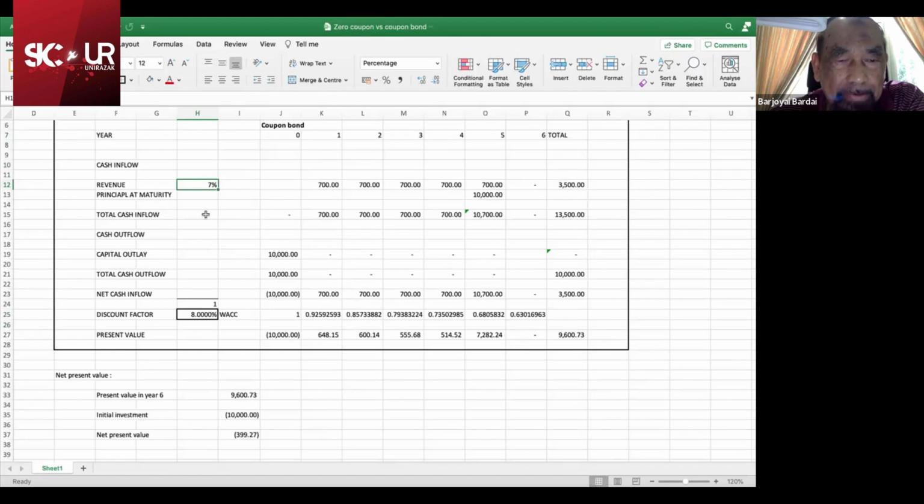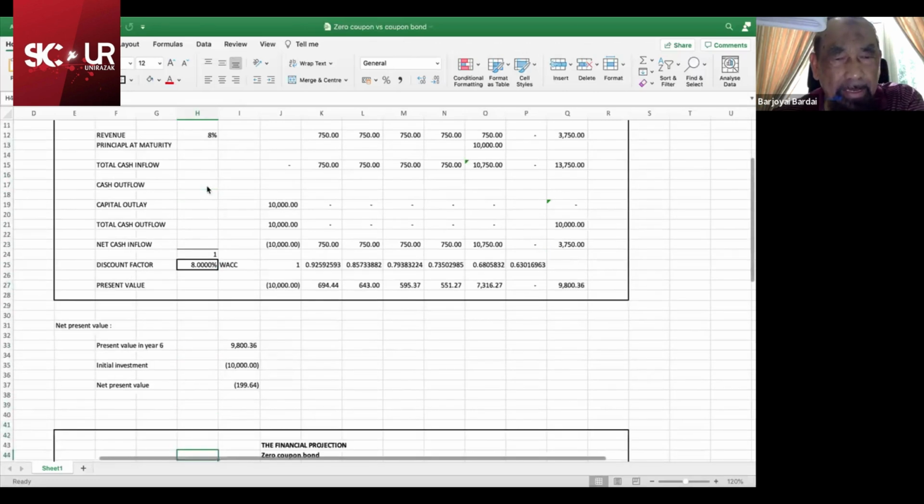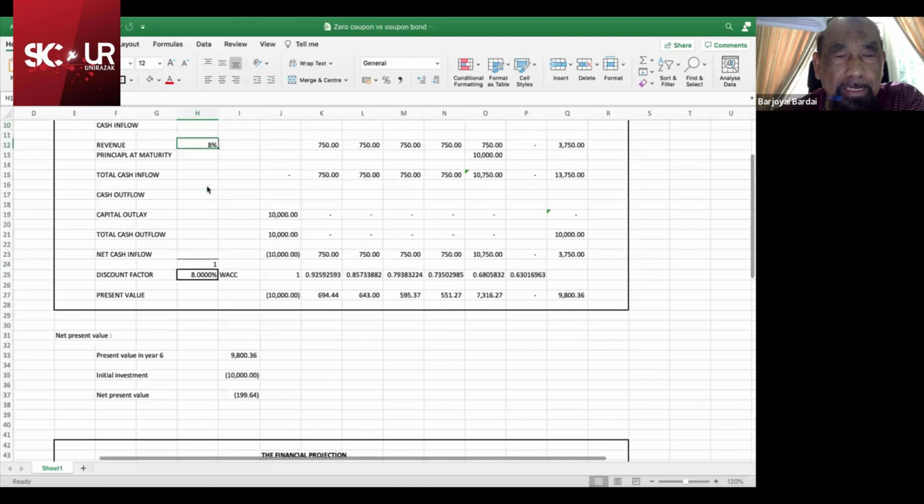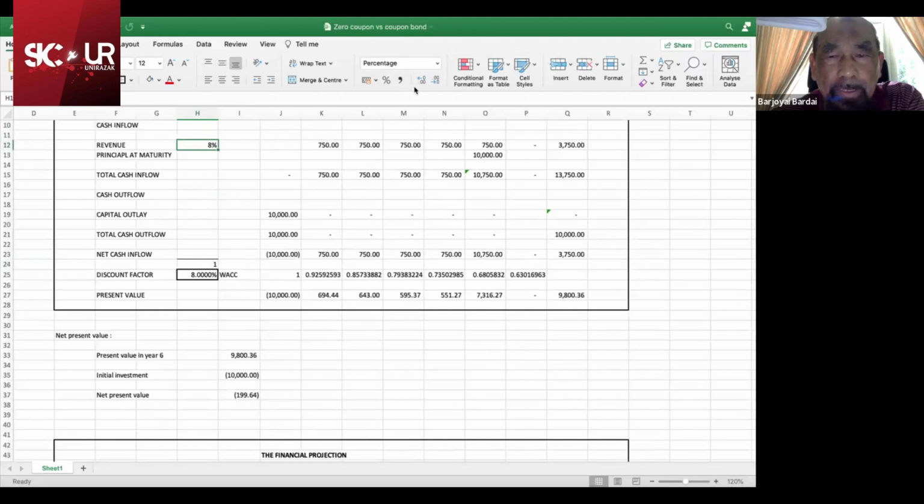So basically you will be comparing your weighted average cost of capital with the coupon rate.